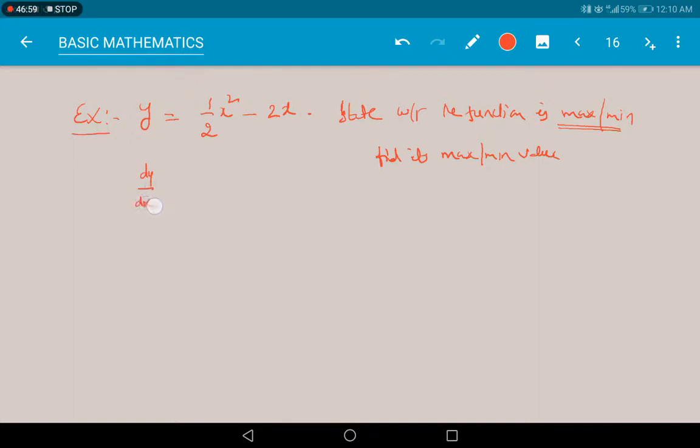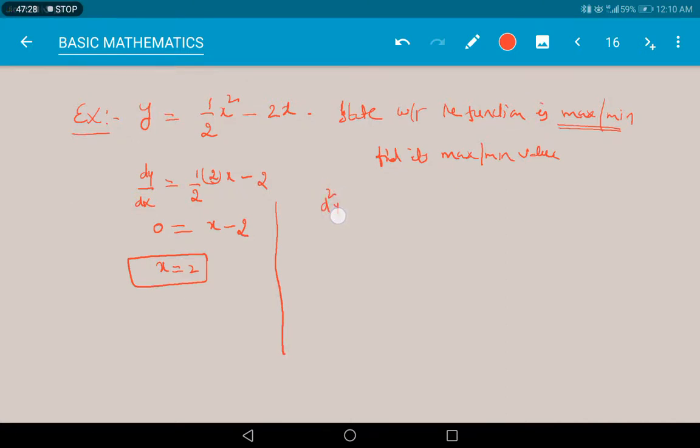So dy by dx is 1 by 2 into 2x minus 2. Therefore x minus 2, and we should make it 0. So x is equal to 2 we are going to get. So this is the first step. Now let us check whether it is maximum or minimum.